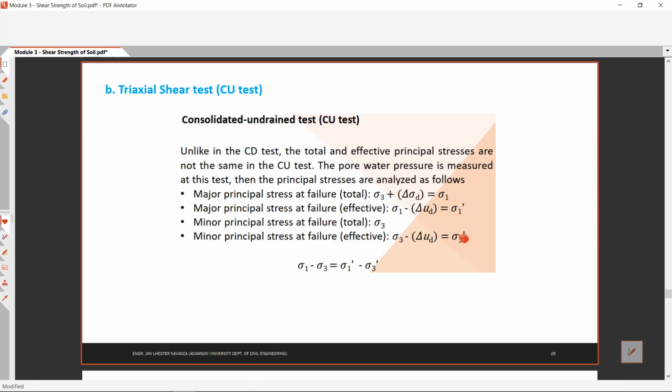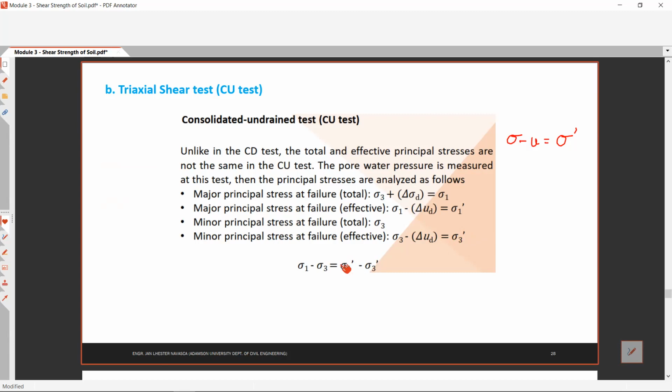So if you notice, it is the same as the formula that normal stress, or total stress, minus the pore water pressure is your effective stress. Okay, so that is why total stress minus the pore water pressure is your sigma prime 1. And total stress minus the pore water pressure is the effective stress here.